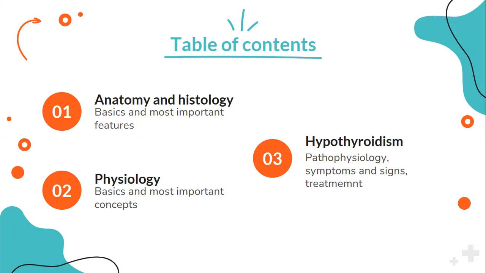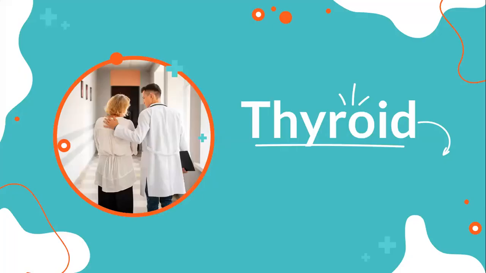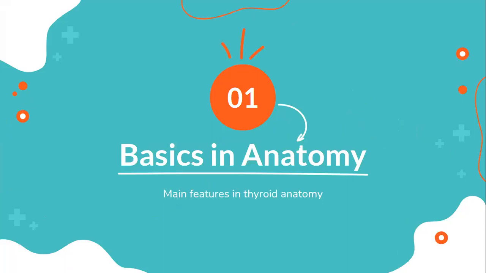Physiology, some basic and most important concepts related to it also. And we're going to talk about the disease itself, related to pathophysiology, symptoms and signs, and treatment. So we're going to start with some basics in anatomy related to this gland.